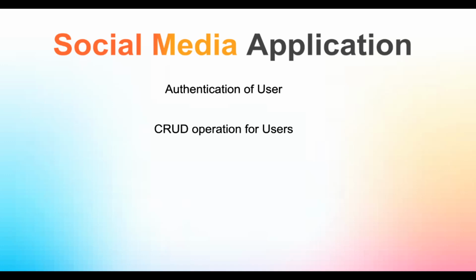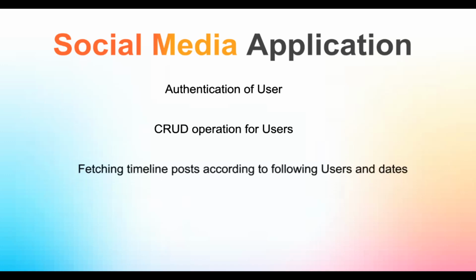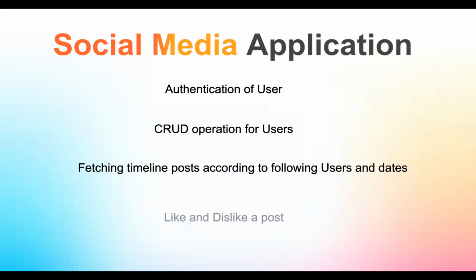And the most important, how we can fetch the timeline posts for a user according to his or her following users, and also we have to sort them according to the dates. Moreover, the most common functionality of any social media platform is how to like and dislike a post.